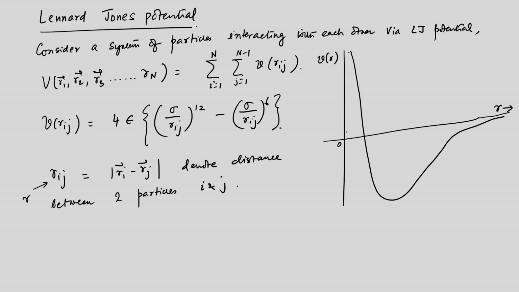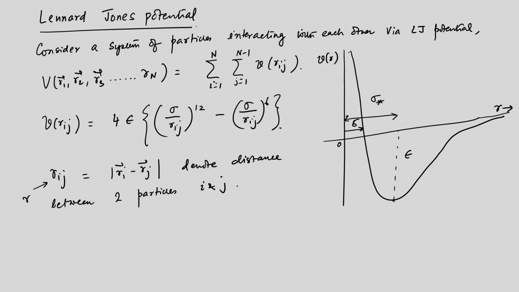This is the distance, the unit of distance is sigma, and this is a particular point. We will find out what this is; write down this as something like a sigma star or some such notation. This has a depth of epsilon, where epsilon is the one that appears as a coefficient of the bracketed term.